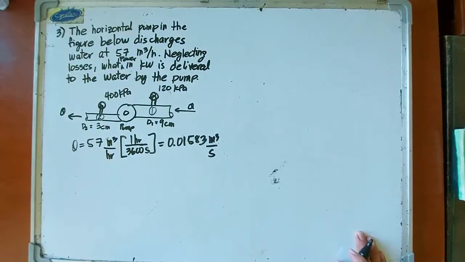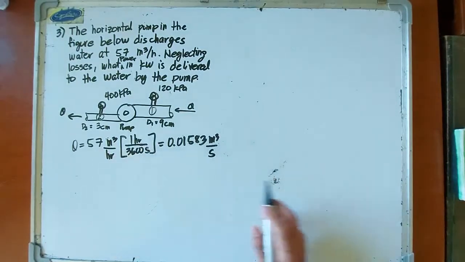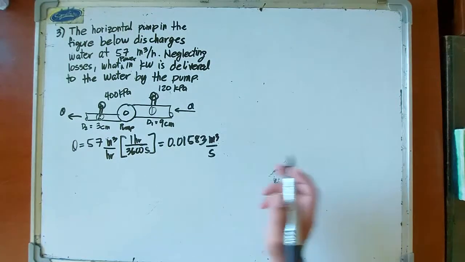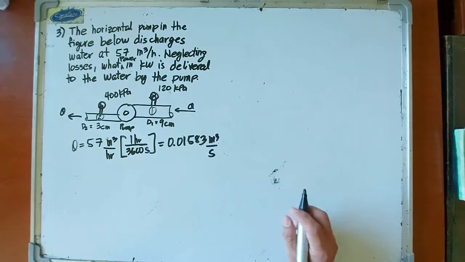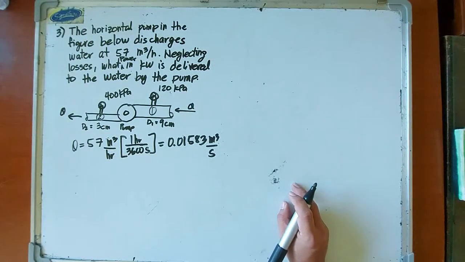Okay, next is we also need to solve for the velocities at those 2 points, since we need those velocities to solve for the velocity head in those points. So with the given discharge, solve natin yung velocities in those designated points.